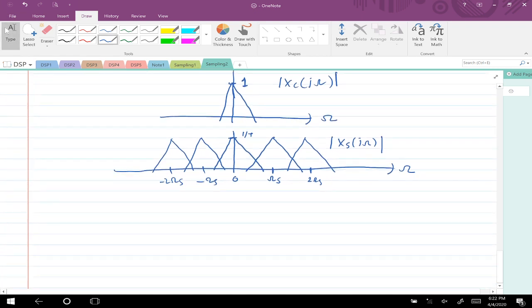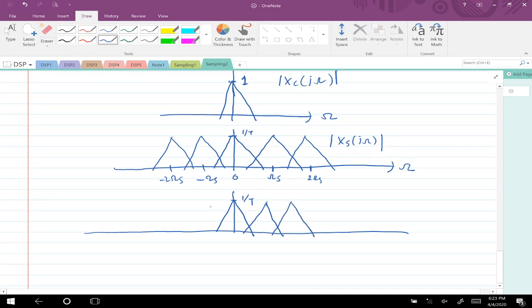Next step, you are going to draw X of e power j omega. Okay, now this would remain the same. The height would remain the same, 1 by T, except that there is a scaling happening along the x-axis. With that scaling uniformly across this omega axis, you would still end up with the same proportion of overlap here.